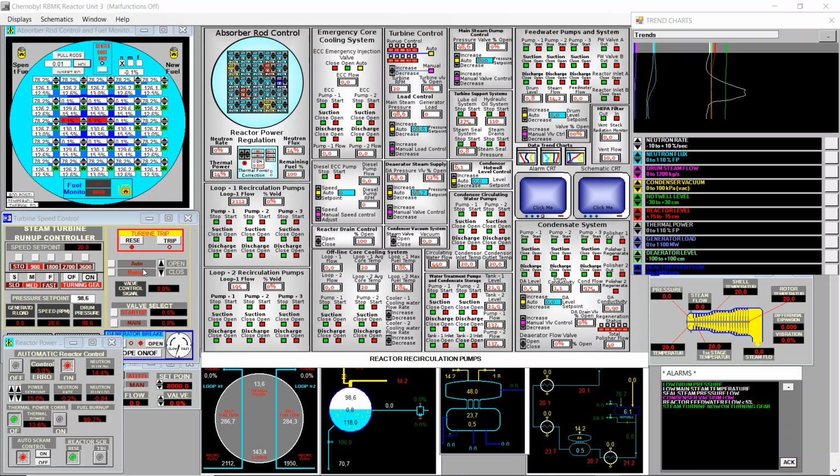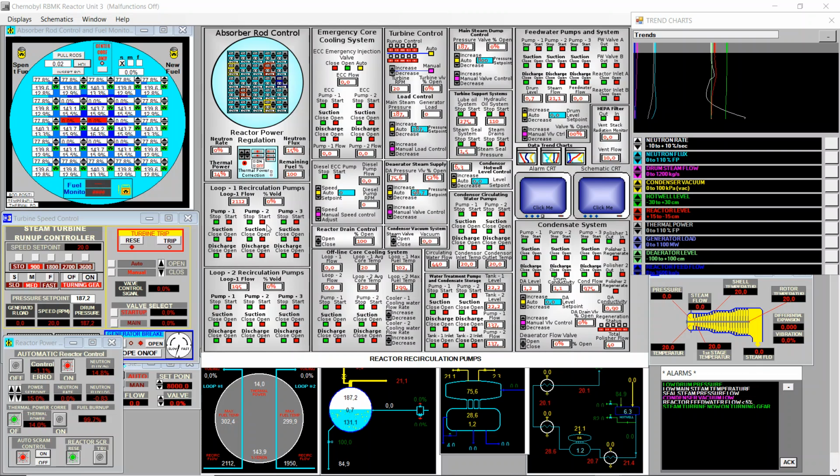Later I will use the manual procedure to speed up the turbine, because I can be faster like that, and when I reach the nominal speed I will switch to auto to be able to synchronize, and once I'm synchronized, just increase power following the normal procedures.